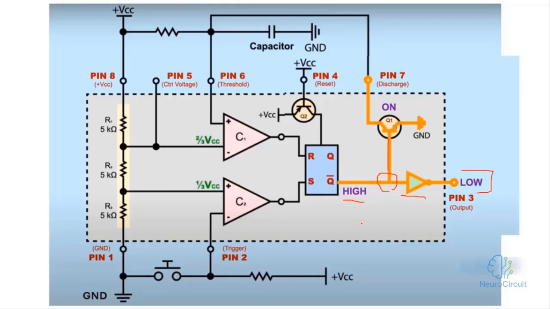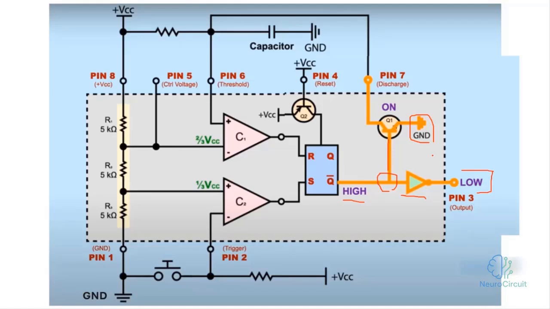You can see here that the ground, which is the same as the reference point, comes and connects it. So what happens is, when the output of the 555 is in the low state, the output of the flip-flop is in the high state, and it turns this transistor on so that anything connected to the discharge pin, which is pin number 7, gets connected to ground.